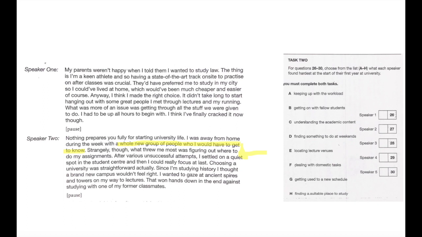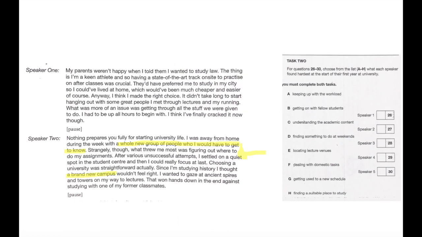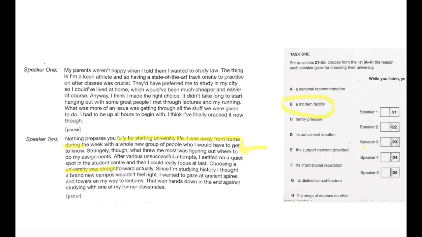And then down at the bottom, same thing for why this person chose the university. Choosing a university was straightforward actually. Since I'm studying history, I thought a brand new campus wouldn't feel right. Well, on our answer sheet, we see over here a modern facility, which matches a brand new campus. But again, if we answer too quickly, we'll choose that, but it's wrong.